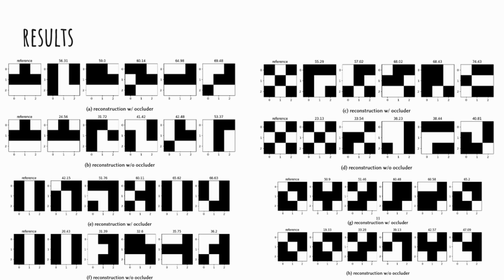I believe that this is because the inclusion of an occluder makes the scene a lot more complicated, and perhaps I needed more images to have a better reconstruction with that.